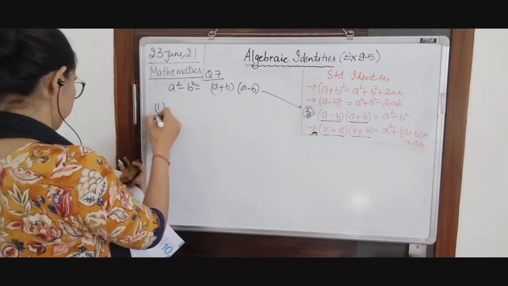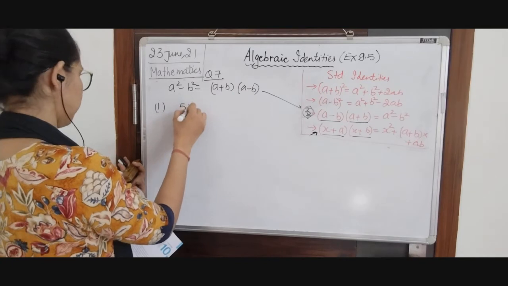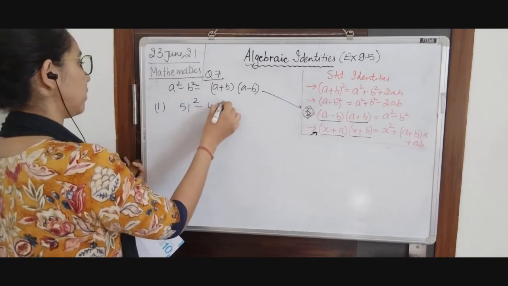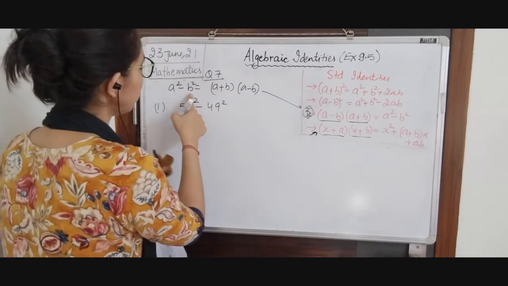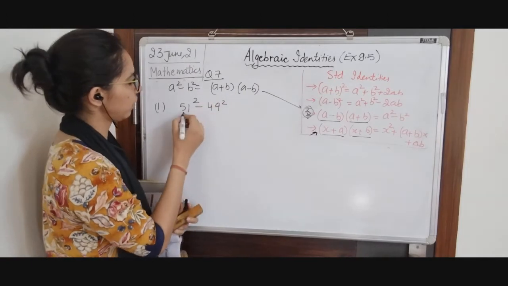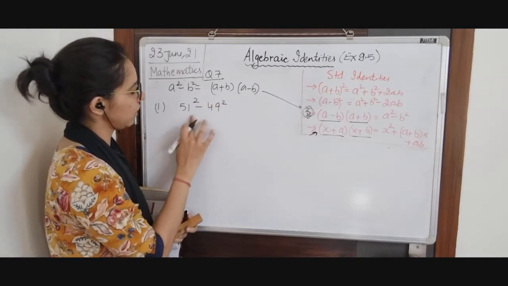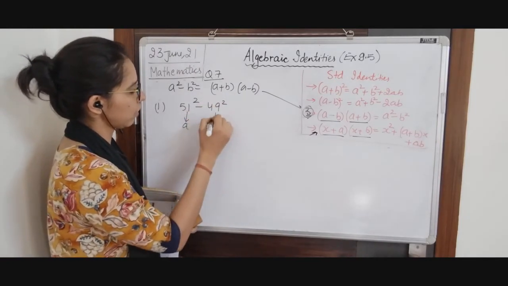Question number 7, part 1 is 51 square minus 49 square. It means this is your a, this is your b.